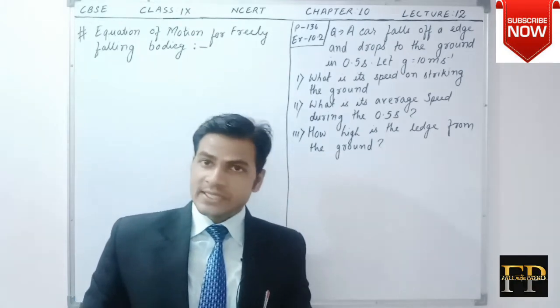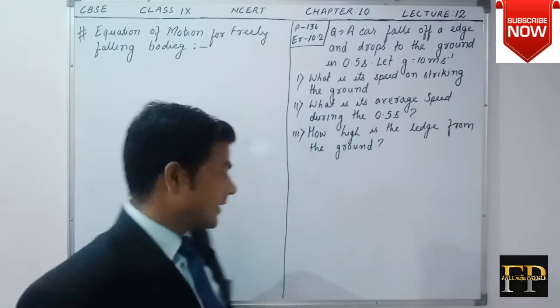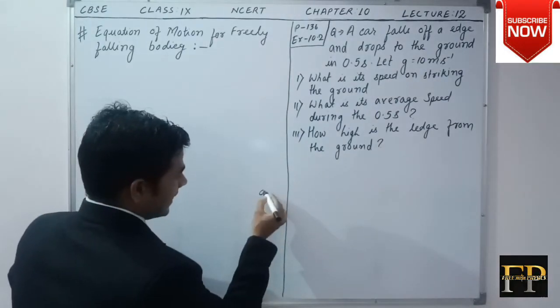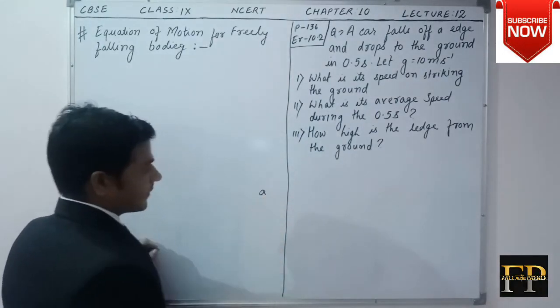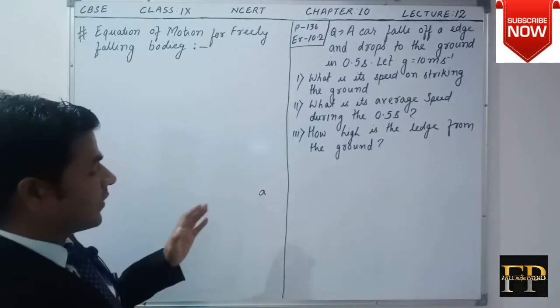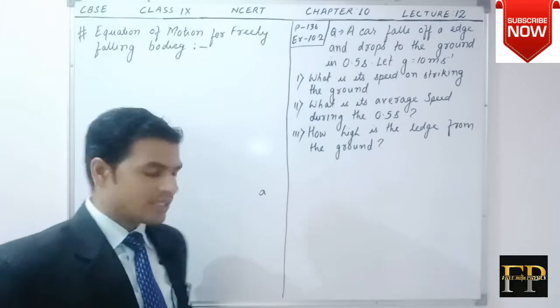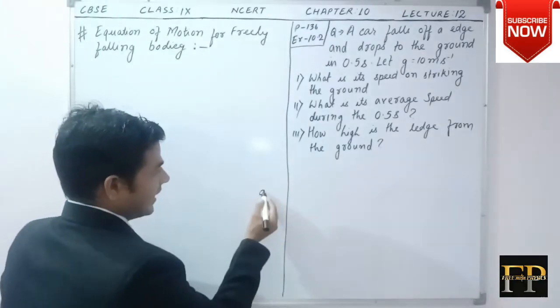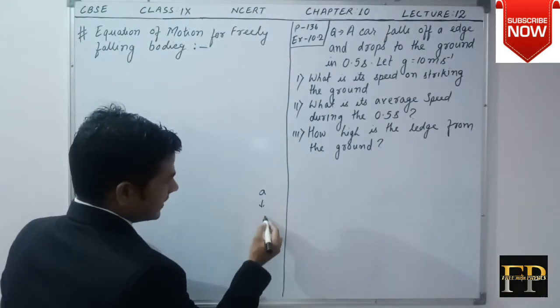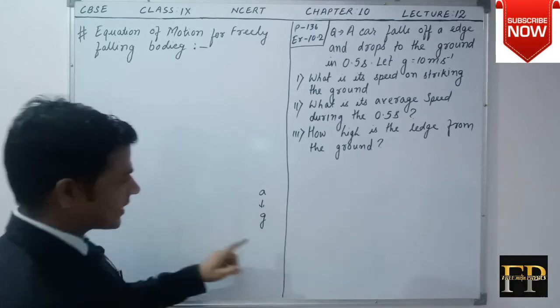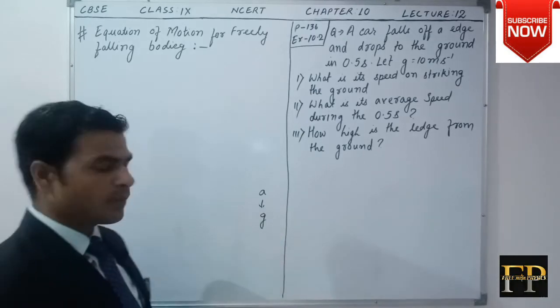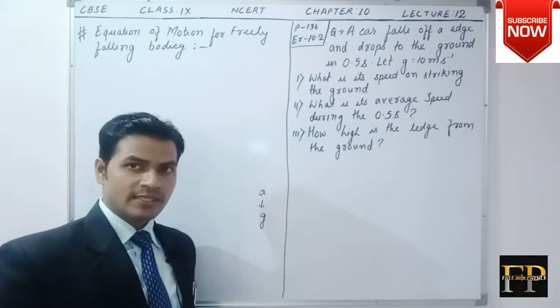But in chapter 1 we wrote a as the acceleration of the body, and here we are talking about the acceleration due to gravity. So this a will be replaced by g, because acceleration due to gravity is represented by a small g.